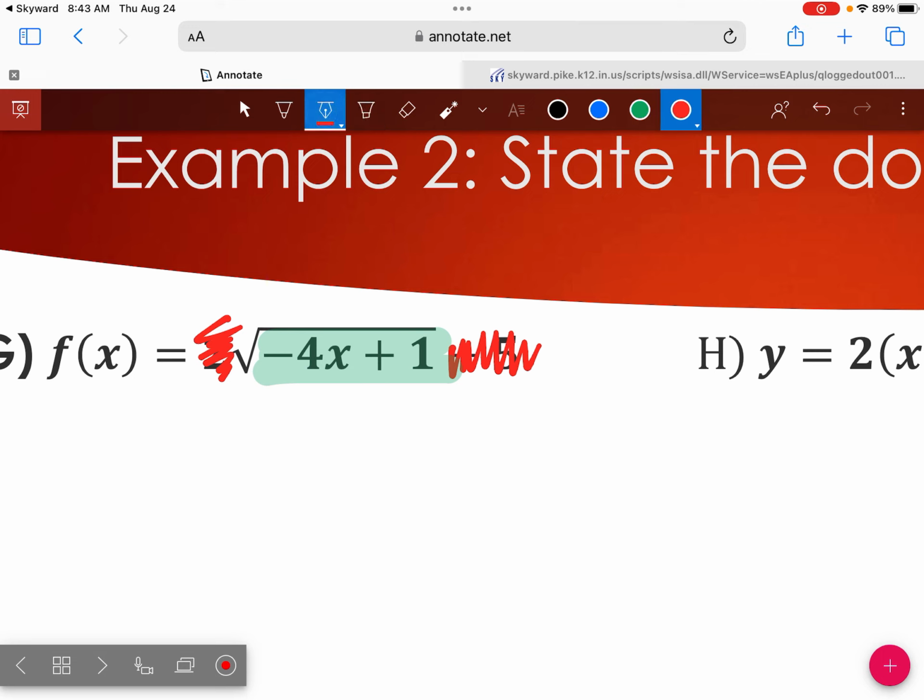So we're going to take that -4x plus 1 and set it greater than or equal to 0. It can equal because it's not in the denominator. Solve that for x. The rules of solving an inequality still apply. If you divide by a negative, you still flip your inequality. So go ahead and solve that for x. You do get a fraction, leave it a fraction.